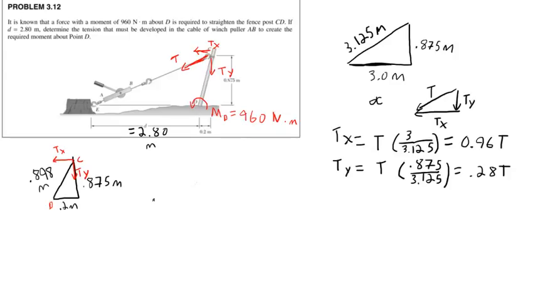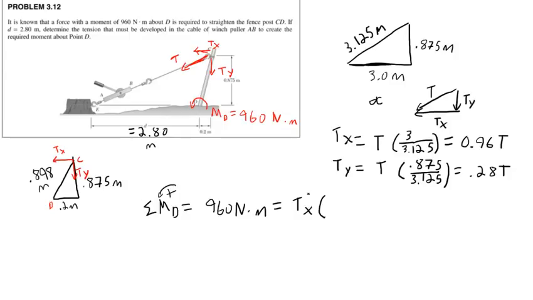So the sum of moments of these forces about point D, counterclockwise positive, is going to be equal to 960 Newton meters, which is going to be equal to Tx times, let's see, I don't actually want to multiply by anything with the hypotenuse.